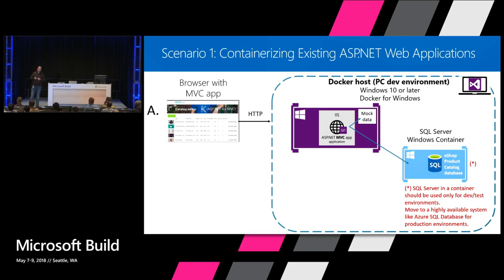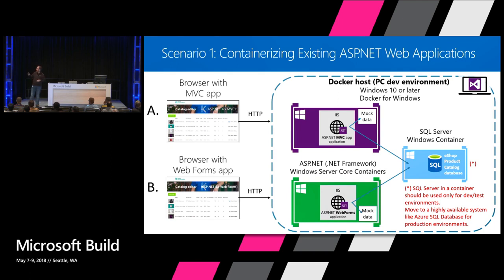And the same thing would be another Web Forms application deployed as another container that could use the same SQL database. When I say SQL database in a container, this is great for development environments, because you can create the SQL container, populate sample data, and then run tests, and it will be predictable.